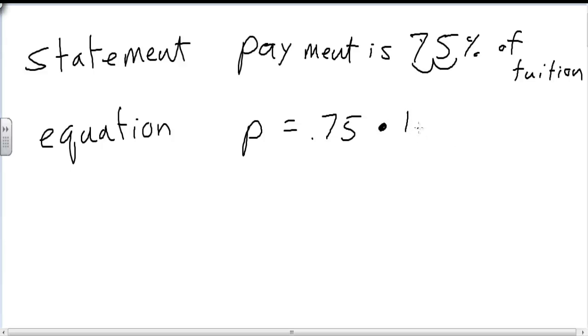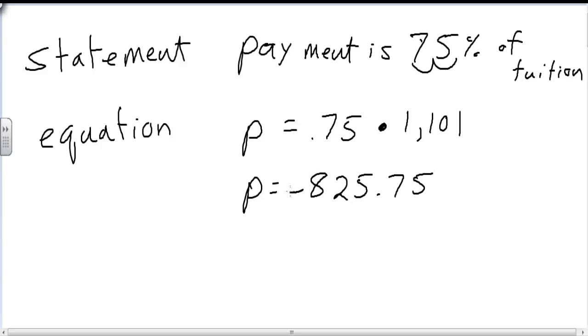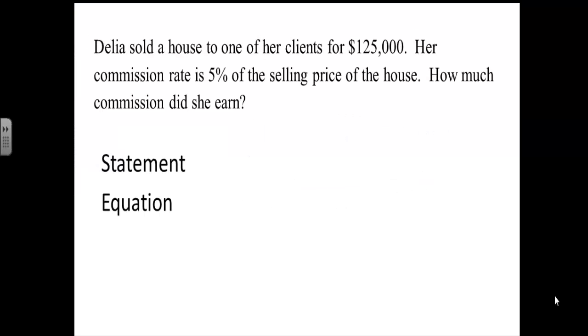That is $1,101. So what this is actually asking is, what is 0.75 times 1101? So this gives us $825.75. So we can say that she has to pay $825.75, and the rest would be covered by her employer.